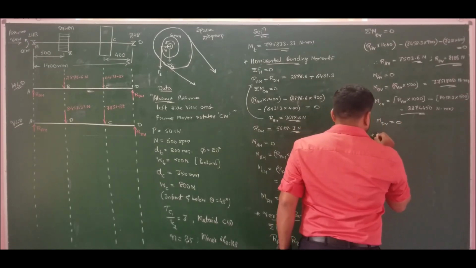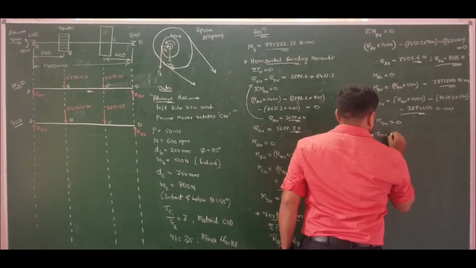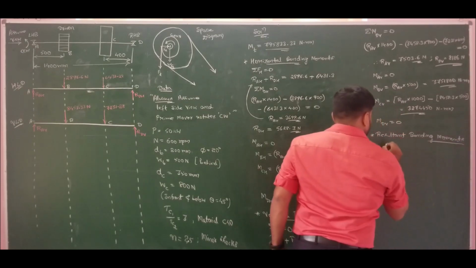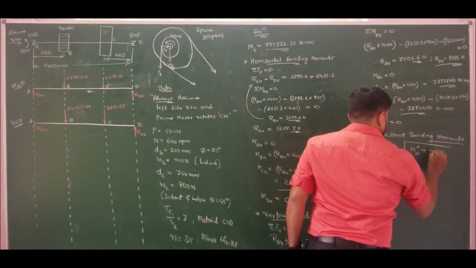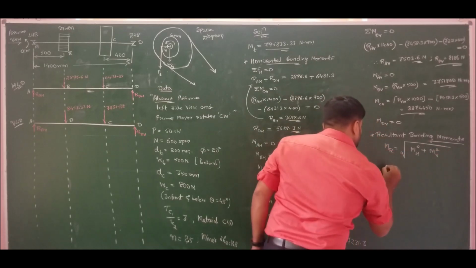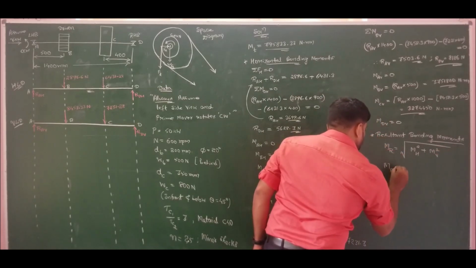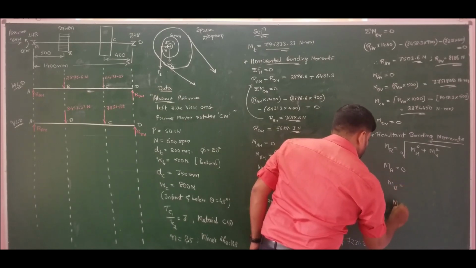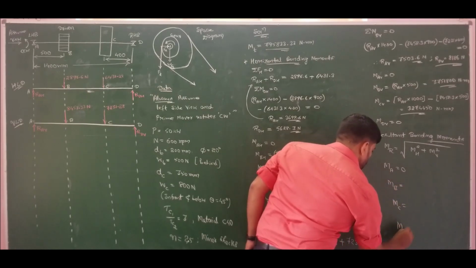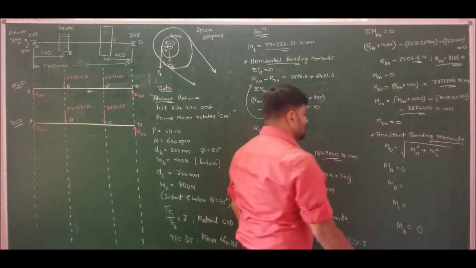Resultant bending moments. We know that the resultant bending moment is equal to the square root of bending moment horizontal squared plus bending moment vertical squared. So moment about A is 0, and moment about D is also 0.